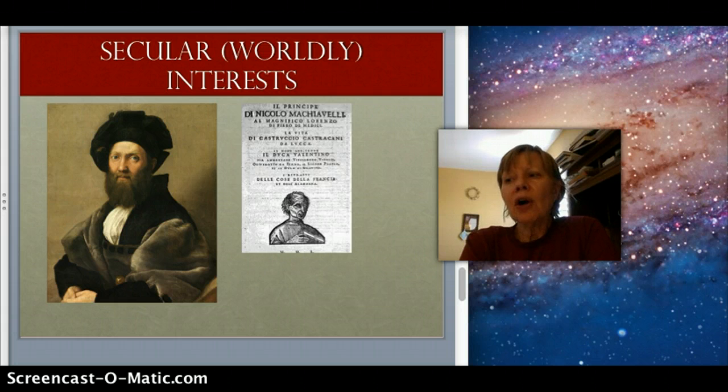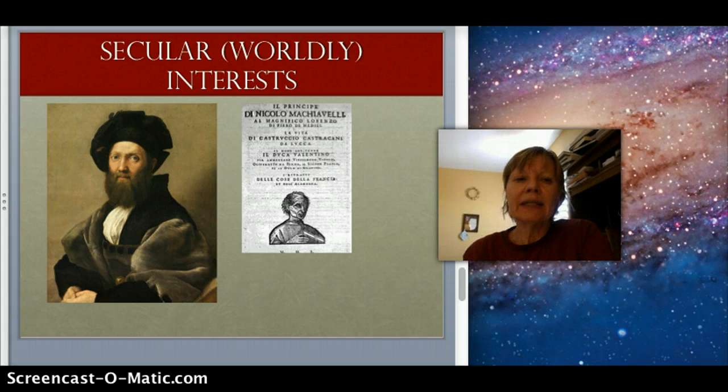While Renaissance art and writing reflected many of the same religious themes as the Middle Ages, what you will begin to see is that during the Renaissance, people became much more interested in secular or worldly interests as well. So what is a secular interest? What do we mean by secular?